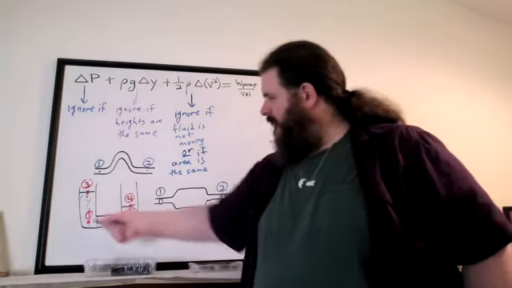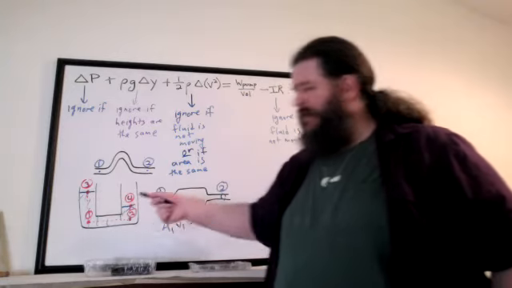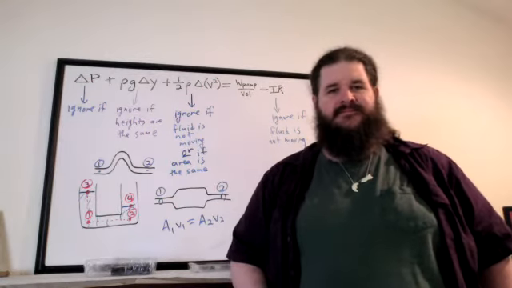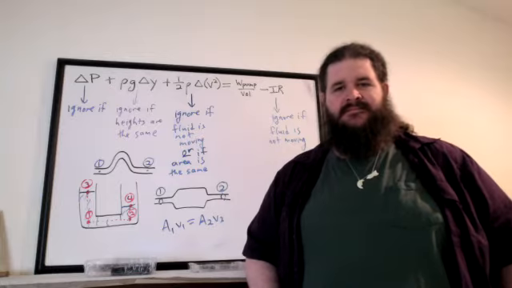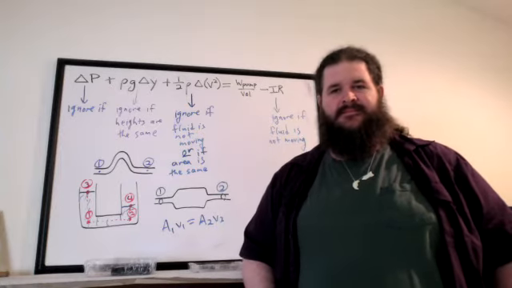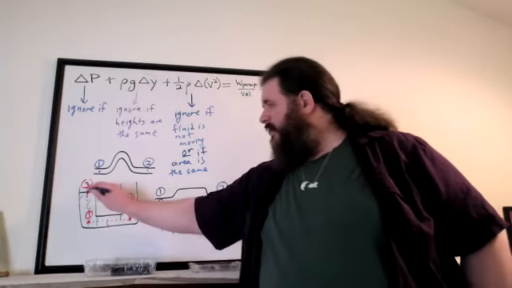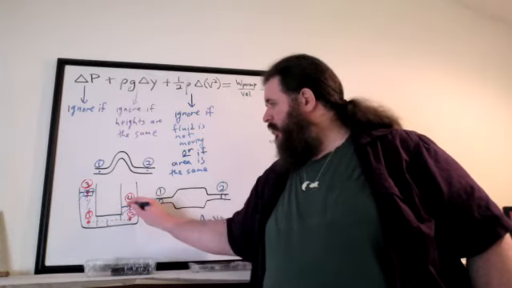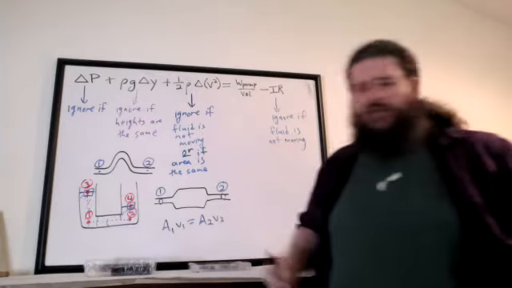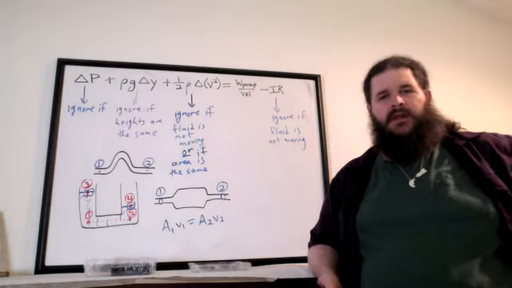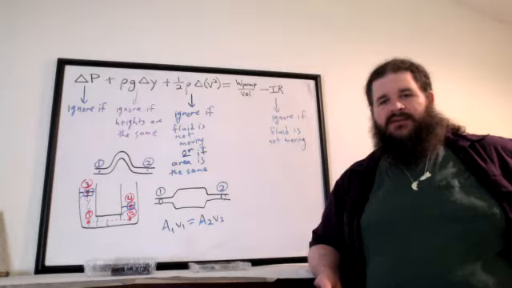In this system, for instance, are there any 2 points that you know have to be at the same pressure? Yeah, these 2 points right here, point 3 and point 4, are both exposed to the atmosphere, so they have to be at 101 kilopascals of pressure. And that means they have to be at the same pressure.